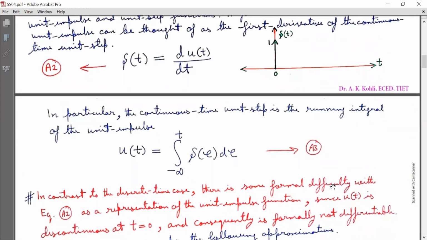In contrast to the discrete time case, there is some formal difficulty with equation A2 as a representation of the unit impulse function.